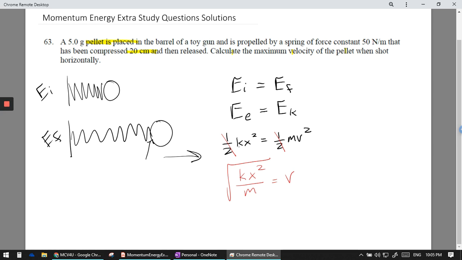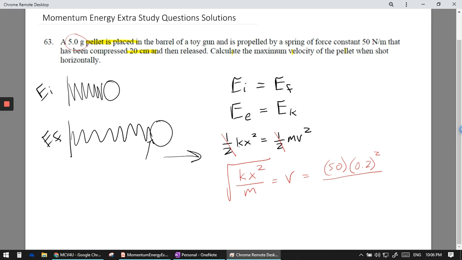And once you plug everything in to here, your K is 50. Your x is 20 centimeters, so you want to use 0.2 because you're using meters here. And then your mass is 5 grams. So it's actually quite small.